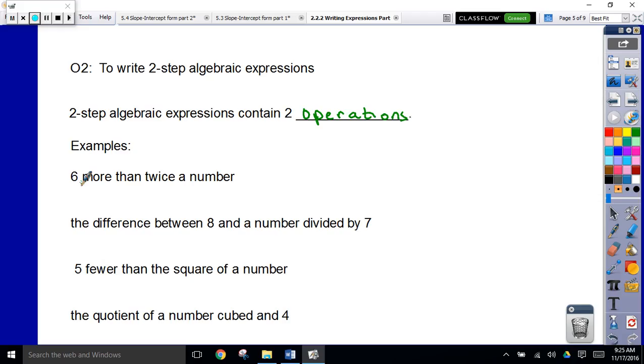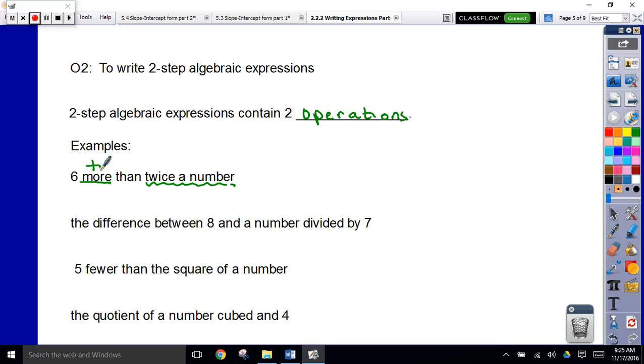We have 6 more. What does that word tell us to do, Jace? If it's 6 more than something, what are we going to do? Add. We're going to add. So we have 6 more than twice a number. How do we write twice a number? Volunteer? Mackenzie?